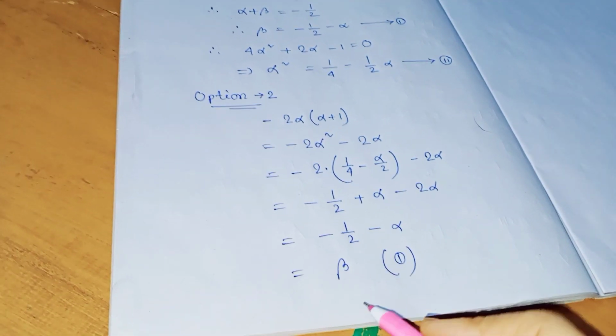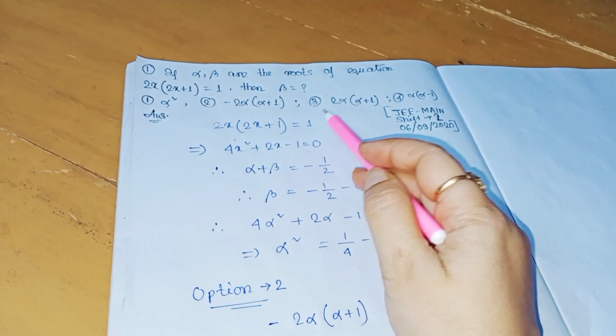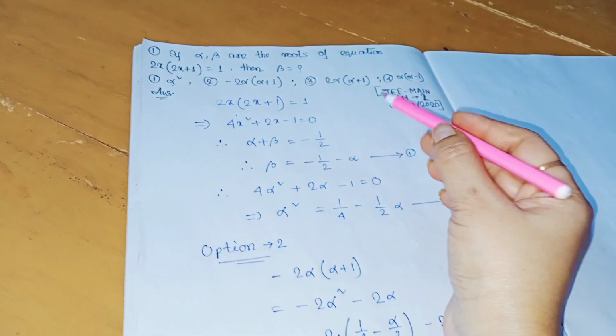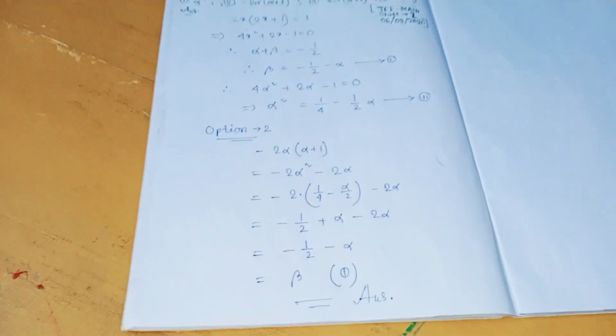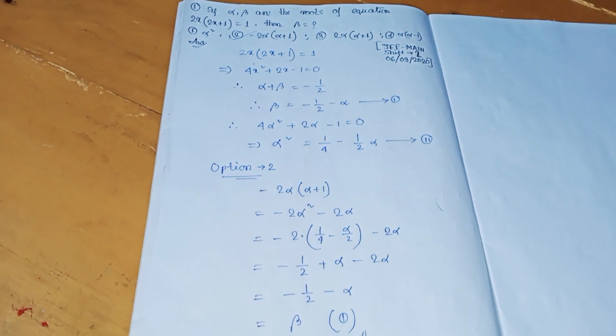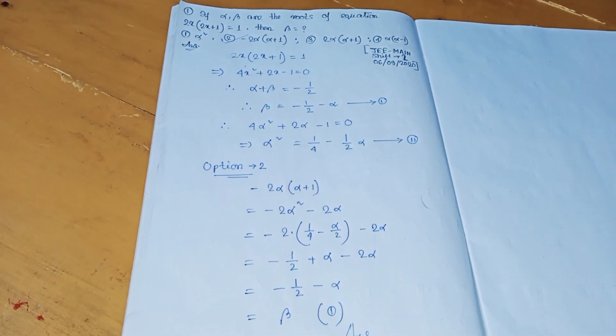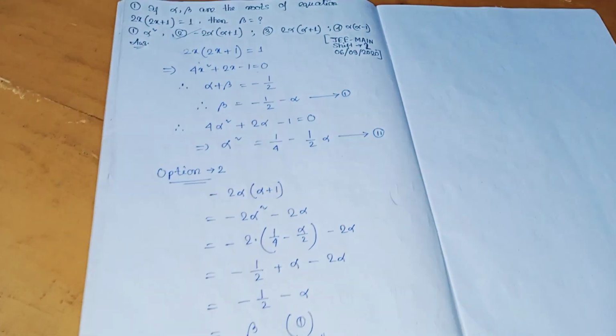So it is our required answer. As you check option 3 and option 4, they are not the right choice. So option 2 is our right choice. So here you get the whole solution of question 1 of JEE Main Shift-2, 6th of September 2020.